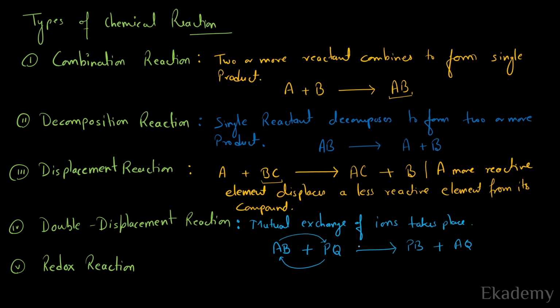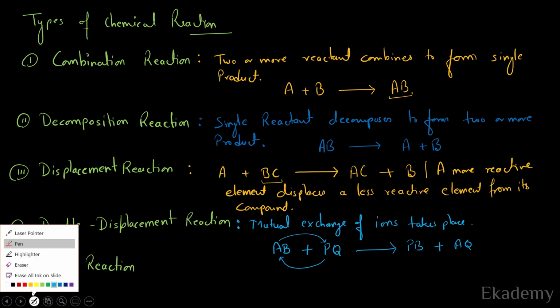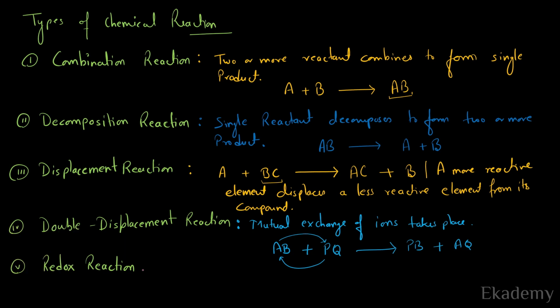So now we have seen so far all the basic types of chemical reaction. The special type of chemical reaction, which is redox reaction, it is basically reduction and oxidation reaction. So redox is short version of reduction. RED stands for reduction and OX stands for oxidation.